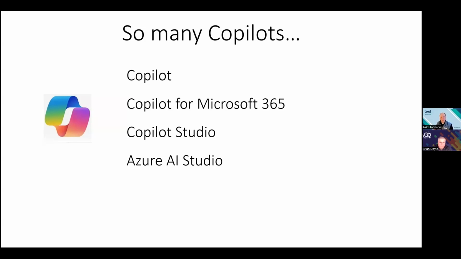That's for business customers. That's Copilot that has access to your secure data in your Microsoft tenant. And then there's Copilot Studio, which formerly was called Microsoft Power Virtual Agents. But Copilot Studio lets you build your own AI chatbot.